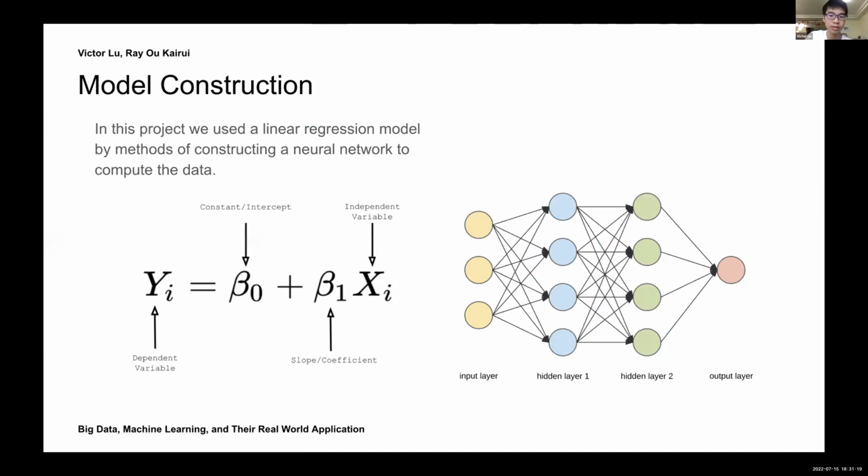In this project, in order to predict the concentration of PM10 using the other variables, we use a linear regression model, constructing a neural network to compute the coefficients. Since this dataset does not come with statistical analysis, we built 2 different models ourselves, one with a single layer of neural network and the other with 3 layers, to compute and compare the results obtained by the models.